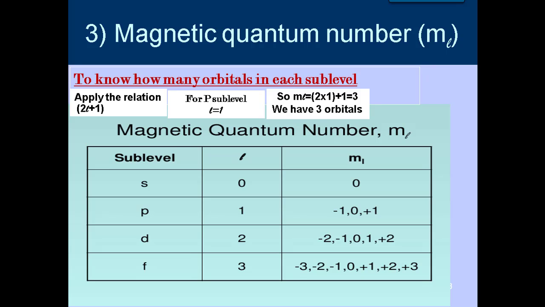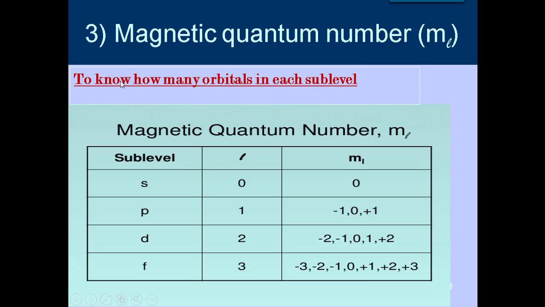So the P sublevel is divided into 3 orbitals. How about their magnetic quantum numbers? From negative L to L, where L here is 1. So the values of the magnetic quantum numbers for the P sublevel are negative 1, 0, and positive 1.